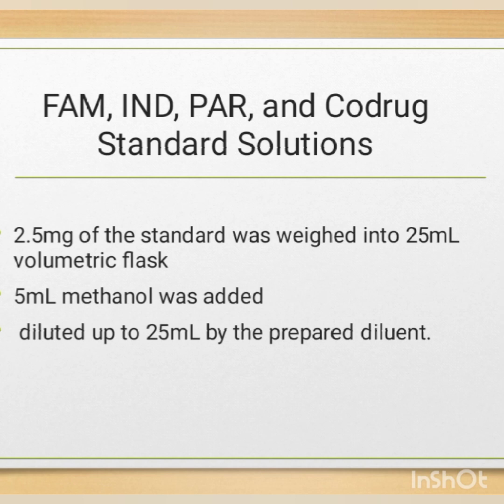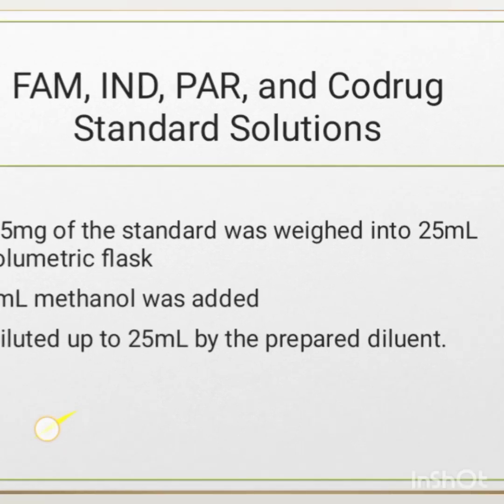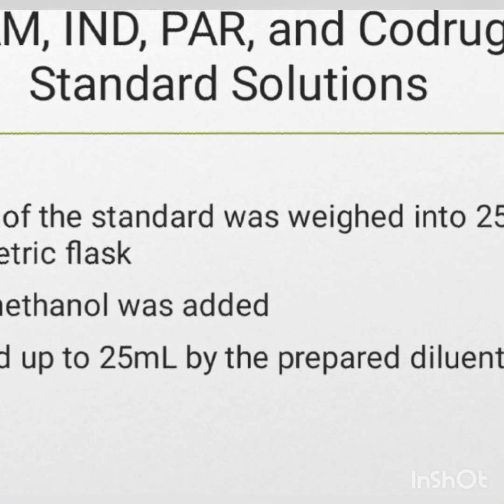Next, we need some standard solutions of FAM, IND and PAR core drugs. For making their standard solution, 2.5 mg of standard of every drug was weighed into a 25 milliliter volumetric flask. Then add 5 milliliter methanol and then dilute up to 25 milliliter with the prepared diluent.